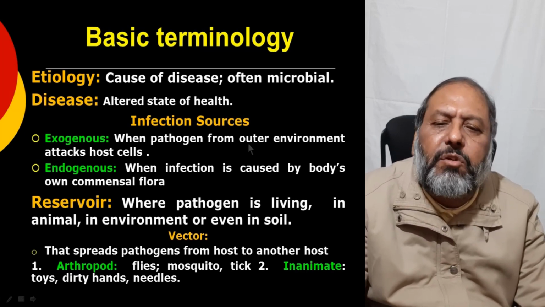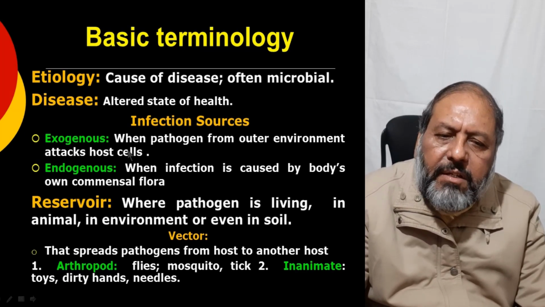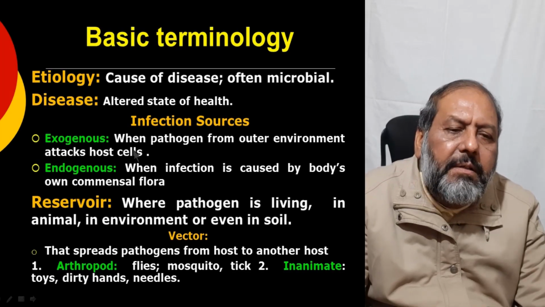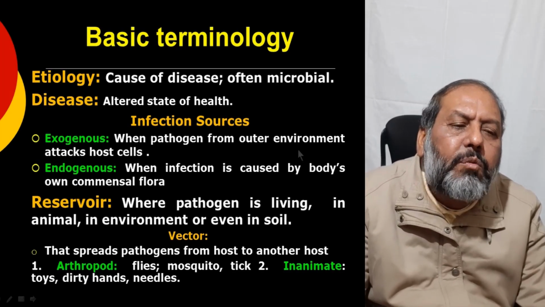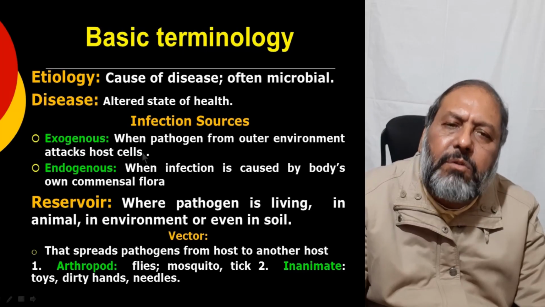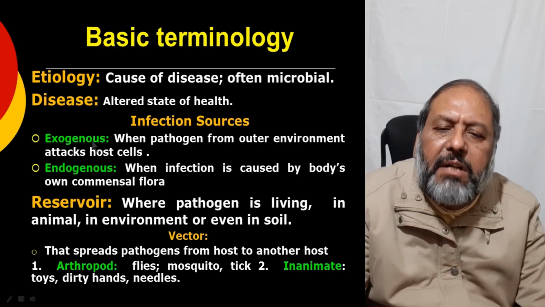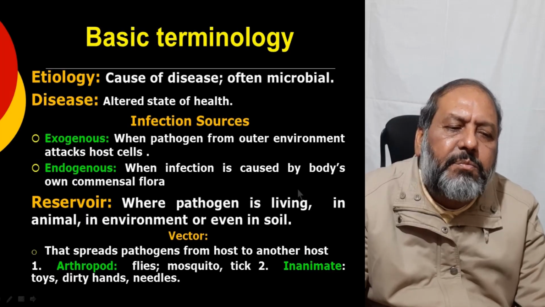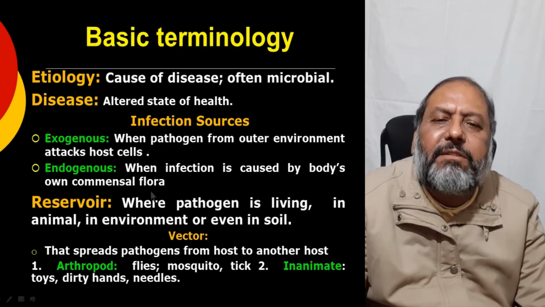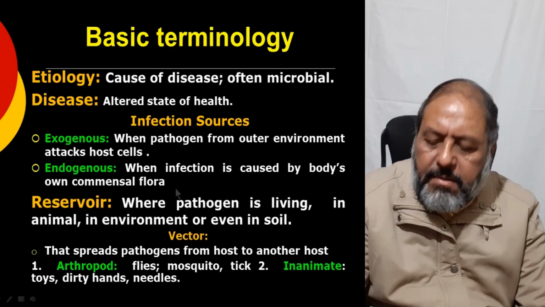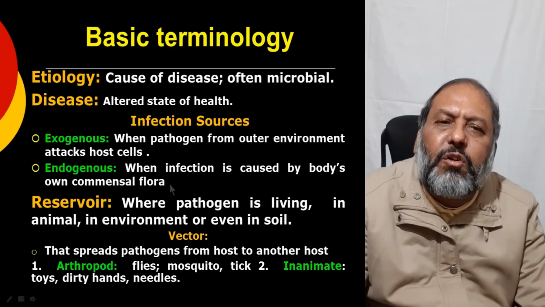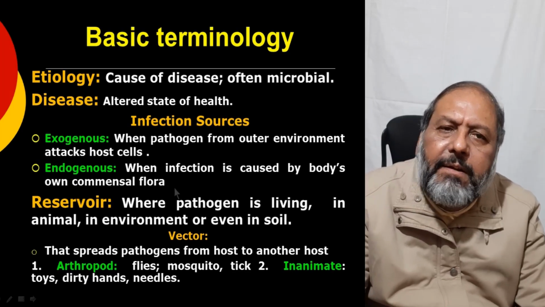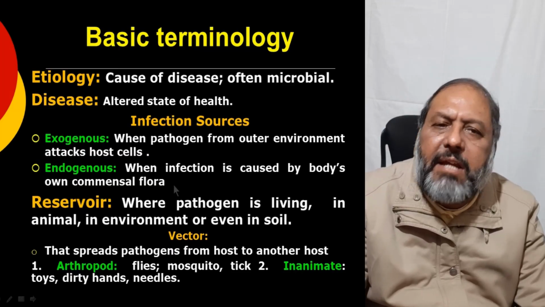Now, infection sources are exogenous when the pathogen comes from the outer environment and attacks the host cells. Endogenous is when infection is caused by the body's own commensal flora, that means the bacteria or microbes are already found in the body and they get the opportunity to attack the body.